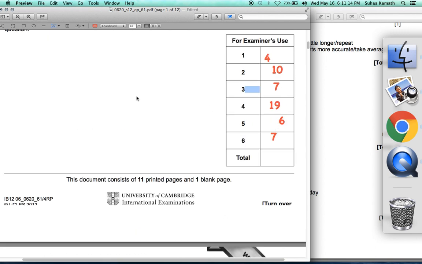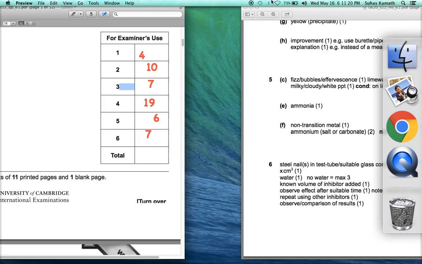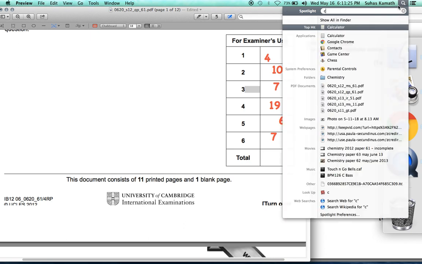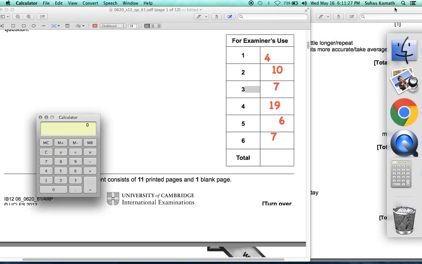So you can calculate 4 plus 10 plus 7 plus 19 plus 6 and 7 is 13.